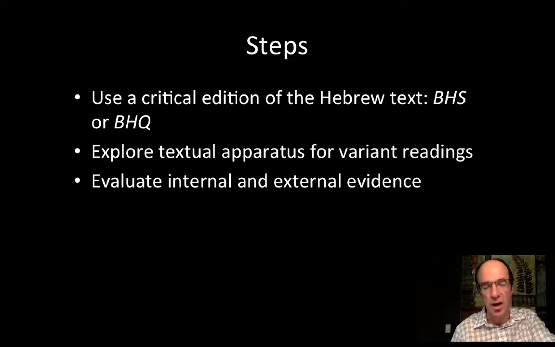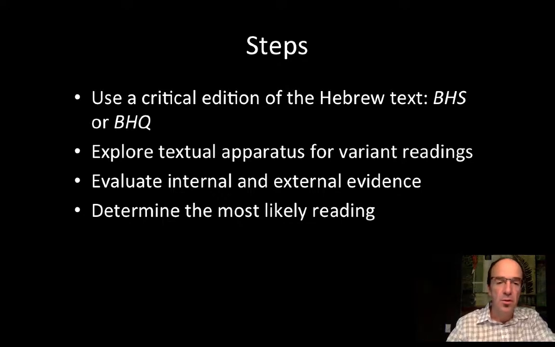By external evidence, we mean texts outside of the Masoretic tradition, including texts from Qumran, some of the medieval Masoretic manuscripts, also the Septuagint, the Samaritan Pentateuch, and other things that are cited in the apparatus like Targums and other translations. Through that process, we want to seek to determine the most likely reading.